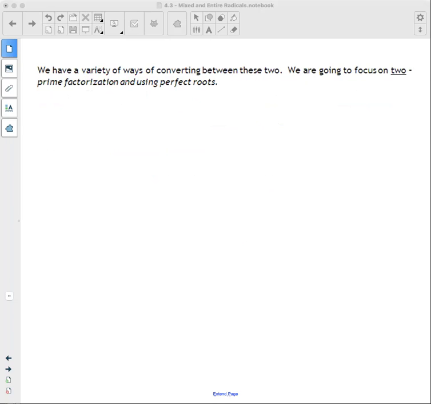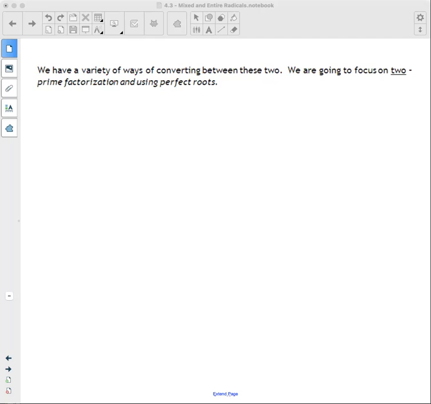There are a couple of ways that we can convert between the two. We have looked at prime factorization in depth throughout the last unit and a half. Another strategy is using perfect roots.